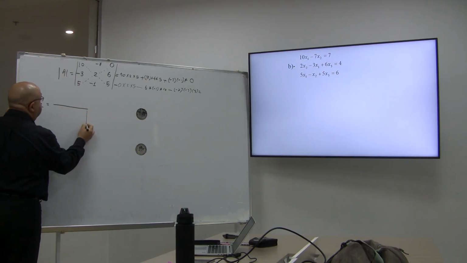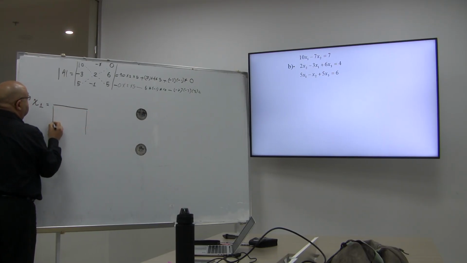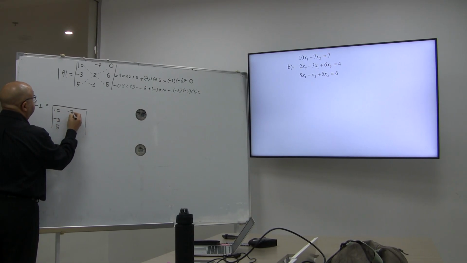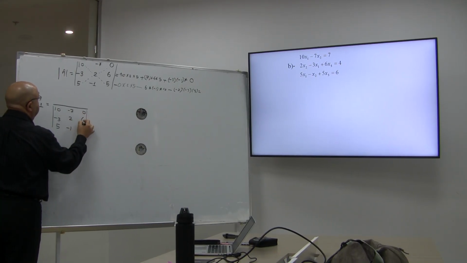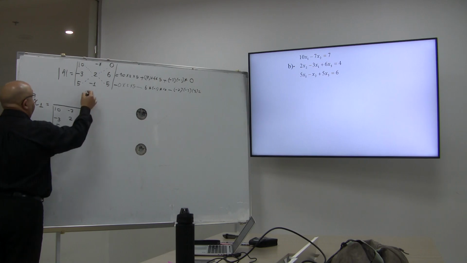It will be this determinant, which is once more 10, -3, 5; -7, 2, -1; 0, 6, 5.